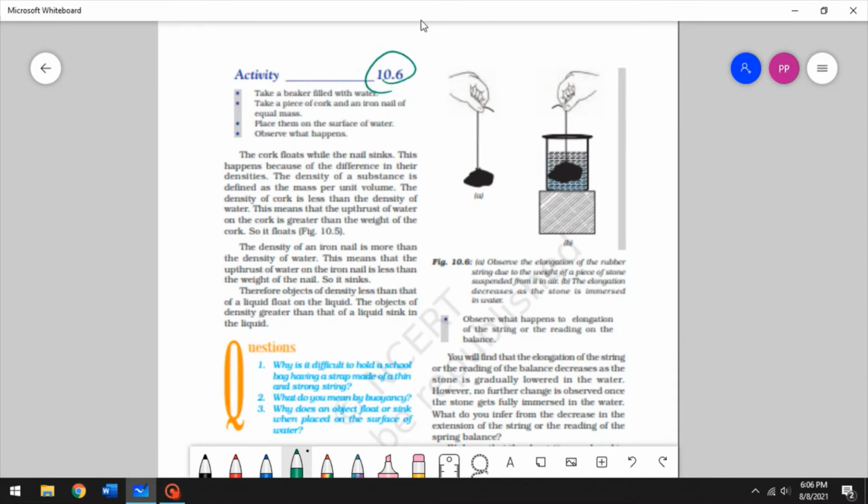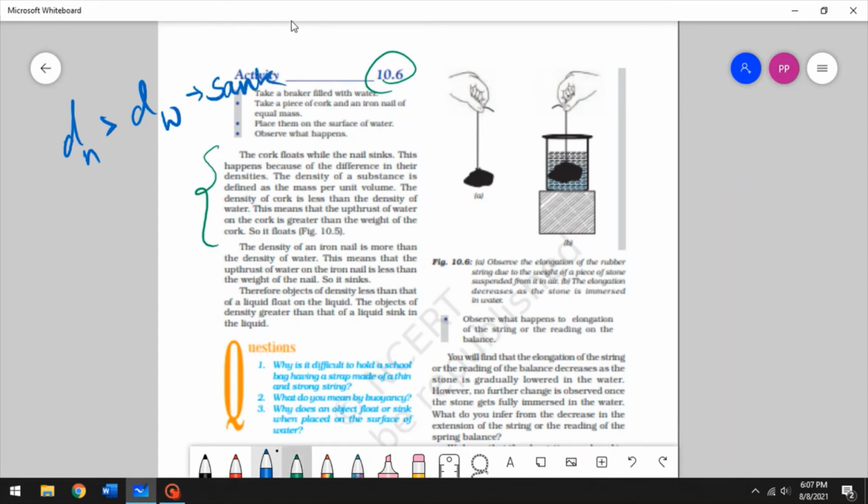Alright, so here we have another exam activity, and this is what I just said. Why did it happen? It is because of the difference in their density. Density, we know, is mass per unit volume, and the density of cork is less than the density of water. I was representing the nail with blue color, so the density of the nail is greater than the density of water, so it sank.